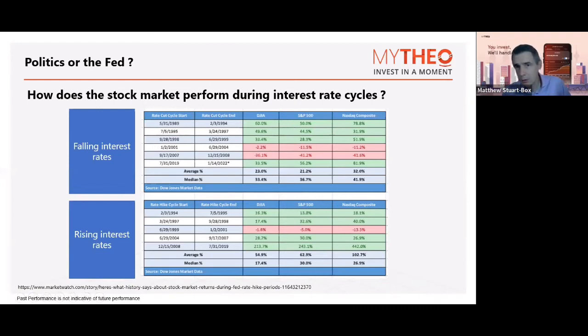So these are not annual returns, these are returns over that particular leg of the cycle, and so the length of each cycle might be different. What this shows is that under falling interest rate cycles, the S&P returns on average 20%. In rising interest rate cycles, actually, the stock market returns 60%. But I don't think this analysis is particularly good.